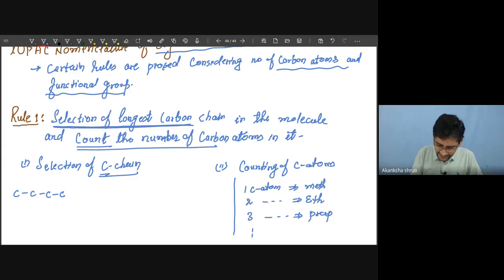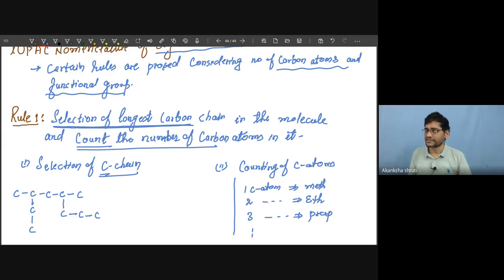But the questions are not this simple. But if it is increased like this, let me slightly modify this. If it is like this one, or one may further increase this like this one, say C, and one more C is there.